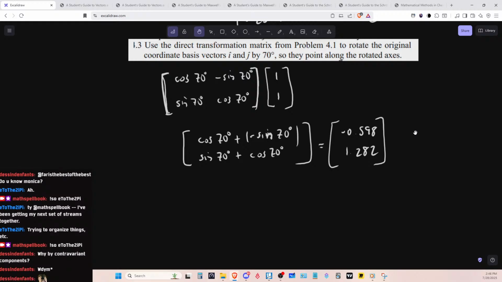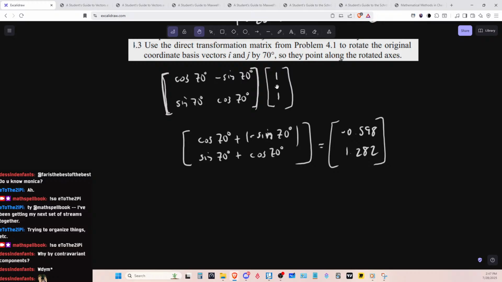Because that's: use the direct transformation matrix from problem 1.4.1 to rotate the original coordinate basis vectors i and j by 70 degrees, so they point along the rotated axis. I feel like we did that right, because i and j are supposed to be unit vectors.